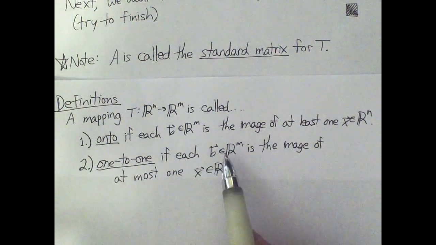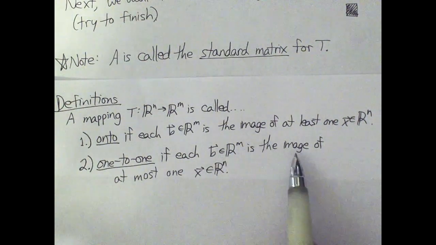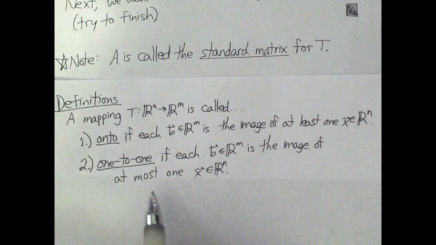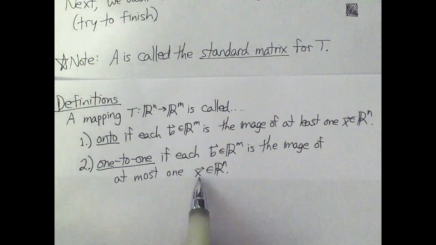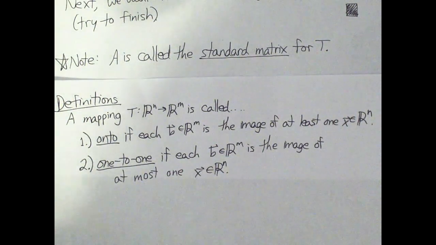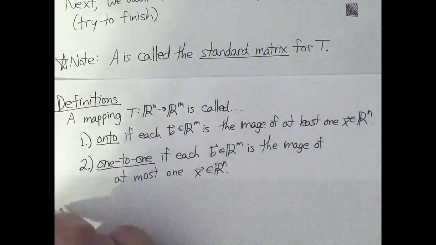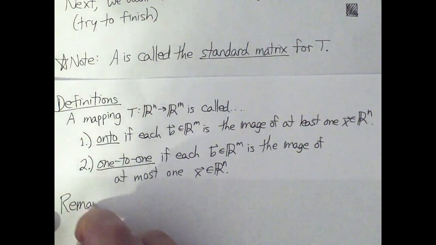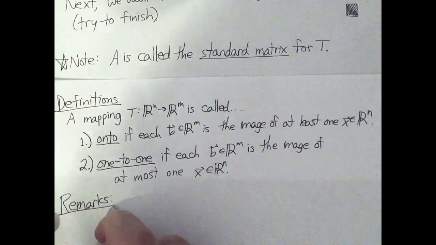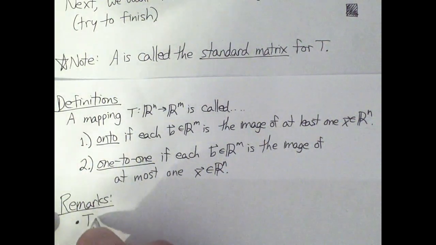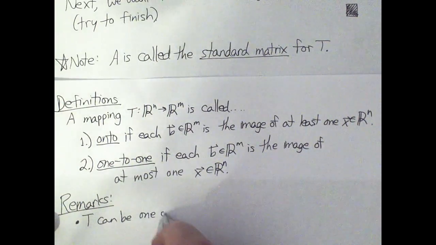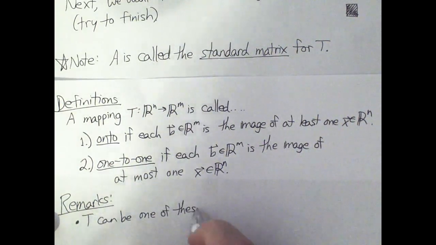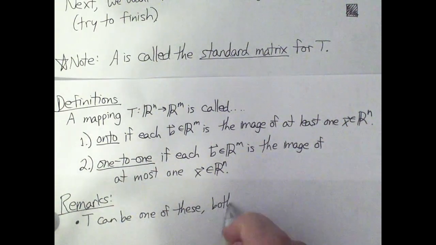So each output is the image of at most one input. That's what it means to be one-to-one. I have a couple of remarks to say about these definitions. First of all, T can be one of these, both, or neither.